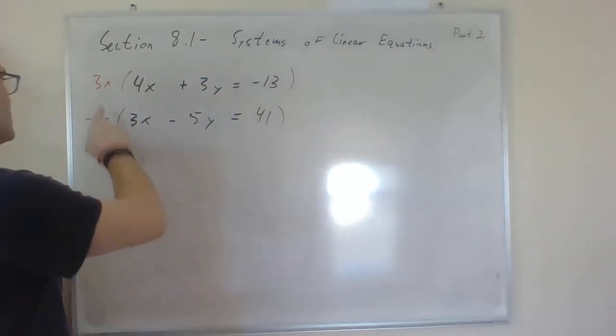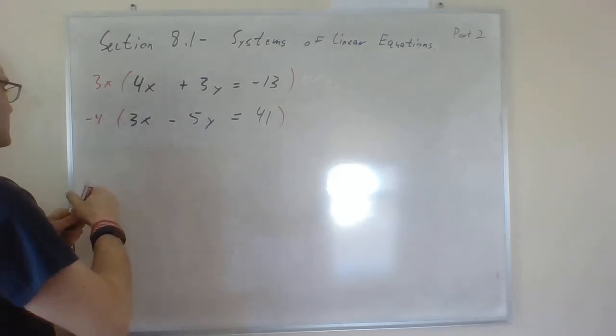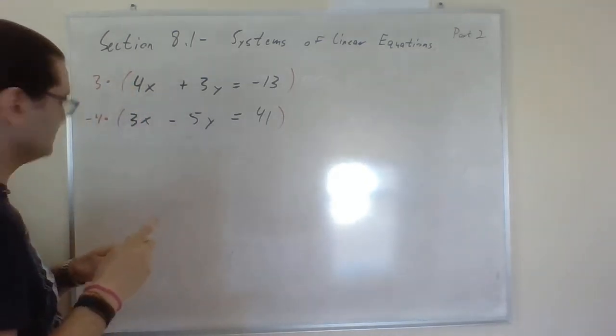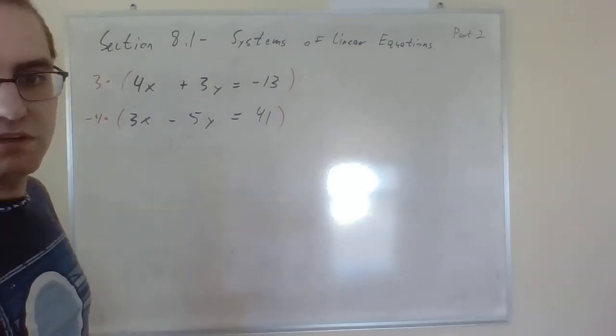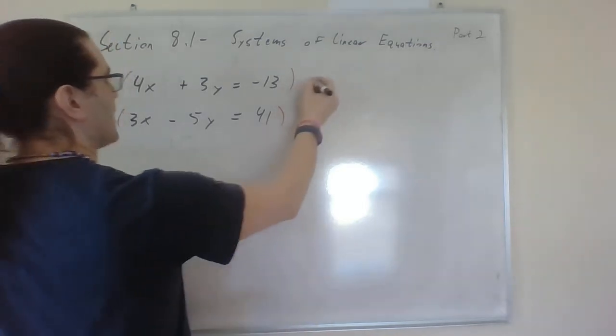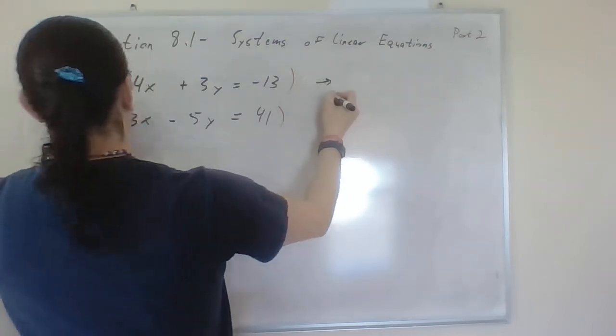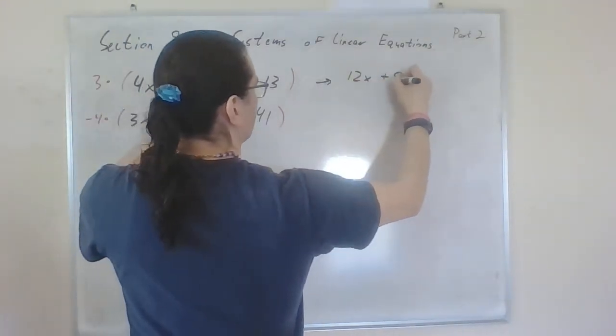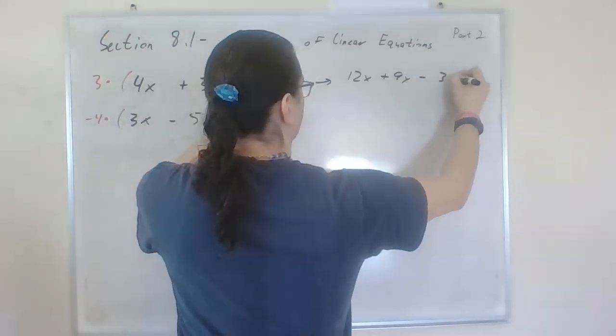Here I'm using x as times. I should use a dot so it doesn't get mixed up with the x's. There we go. So this top equation is going to become 12x, 9y, and -39.